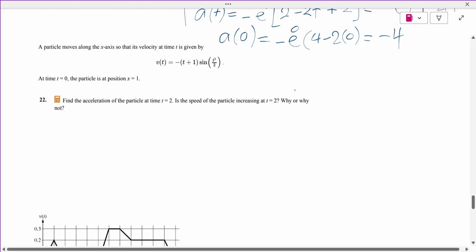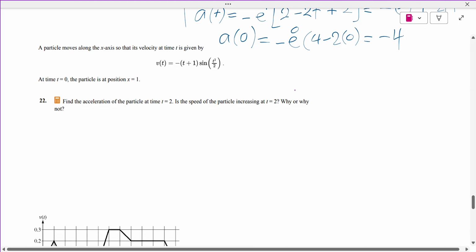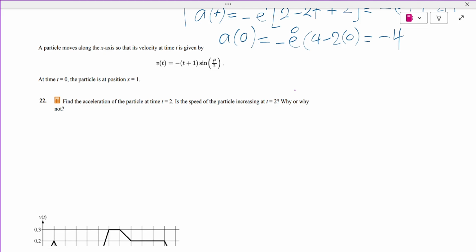Question 22 says we are given v of t, find the acceleration at t equals 2. So it's calculator active.